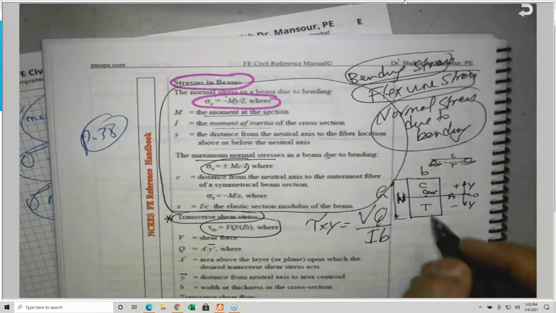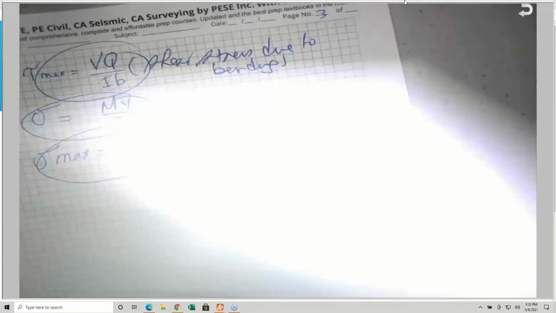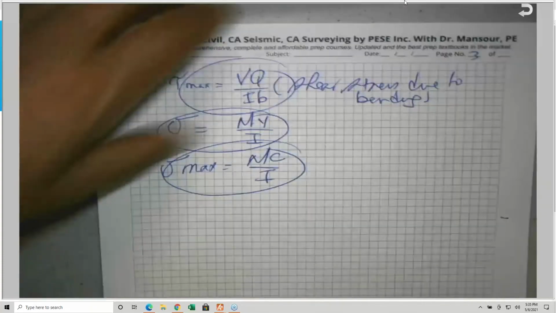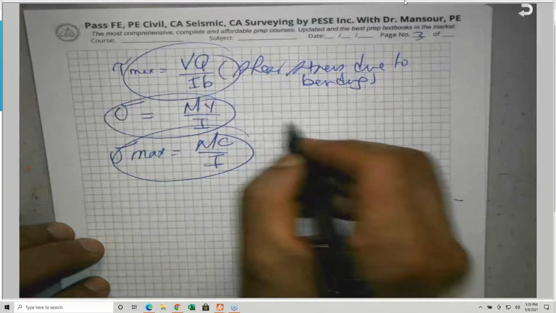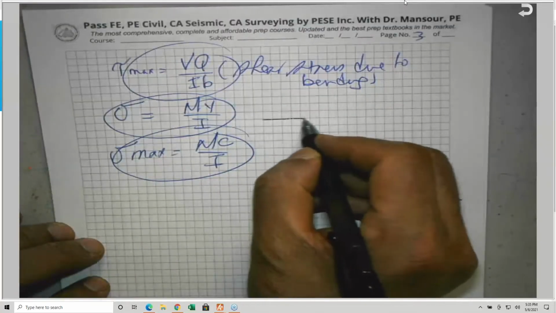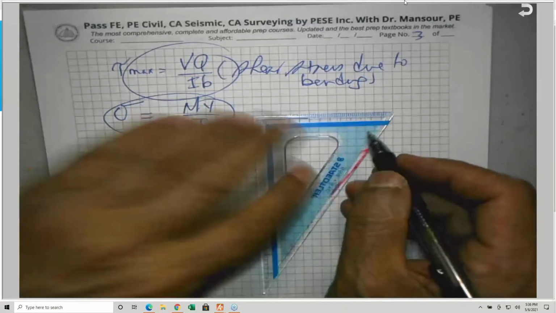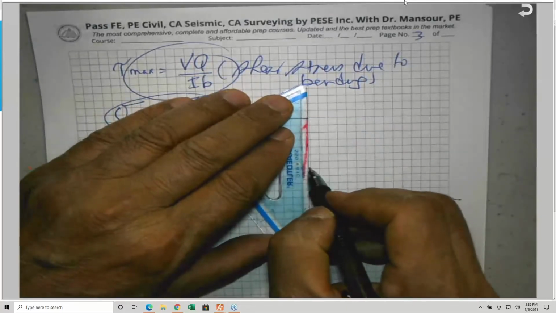Why is the bending stress like this? The bending stress distribution, by the way, you need to know that. Sometimes they ask you about it. If you have the rectangular shape, let me use a straight edge here at least to avoid crooked lines.